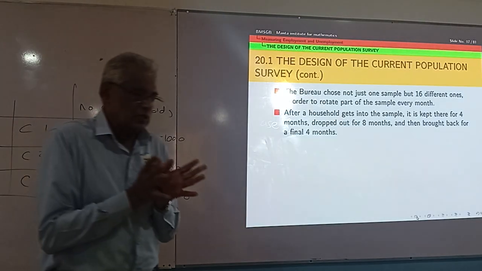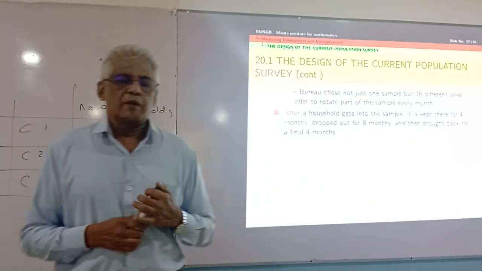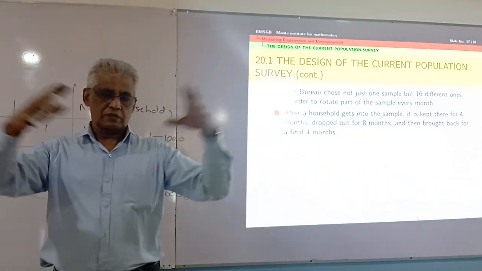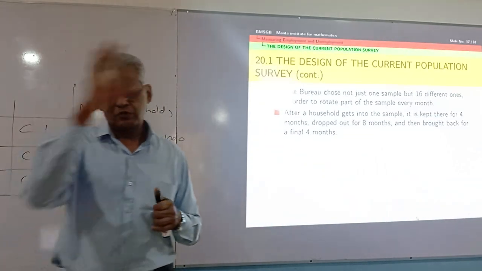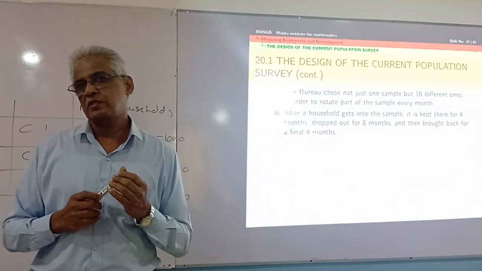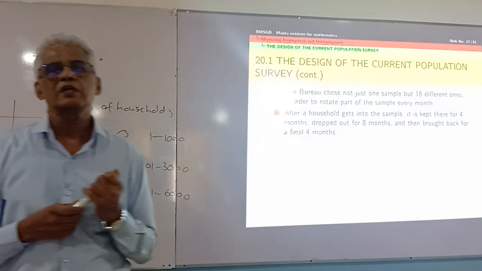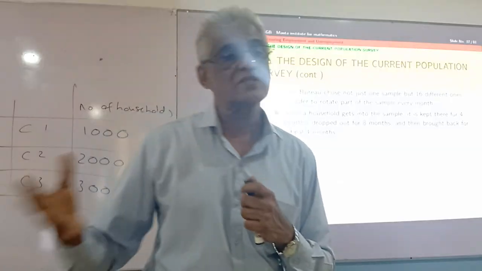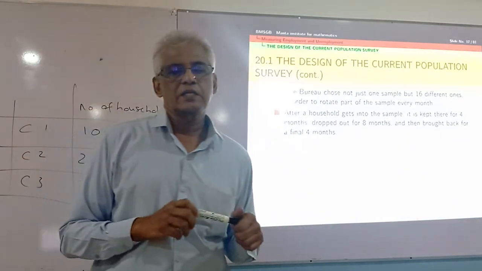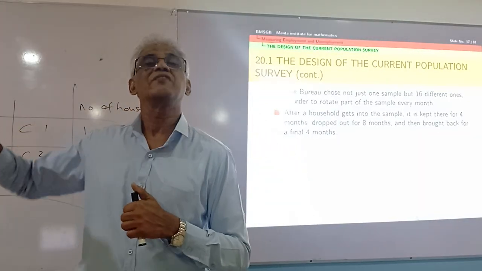Now, I told you how to select one sample, right? But actually, this bureau selects not only one sample, which may have a number of households, so that is going to be one list of households. But actually, they are selecting beforehand 16 different lists like that, 16 different samples. Each sample has the same number. Why are they taking 16 samples? As I told you, this survey is going to be done every month.